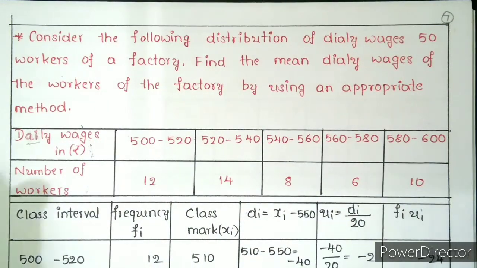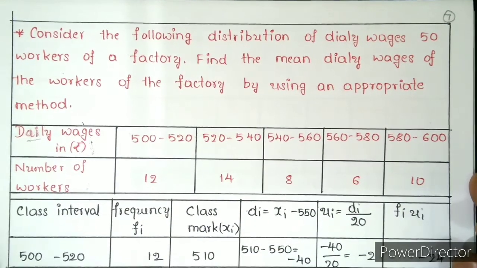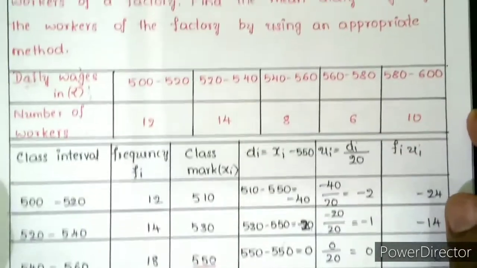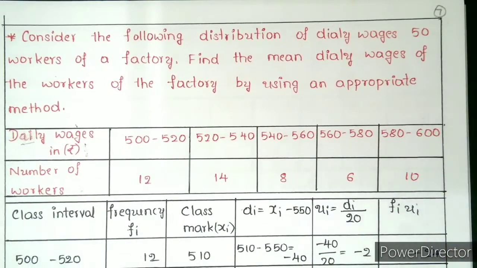So next, consider the following distribution of daily wages of 50 workers of a factory. Find the mean daily wages of the workers of the factory by using an appropriate method.